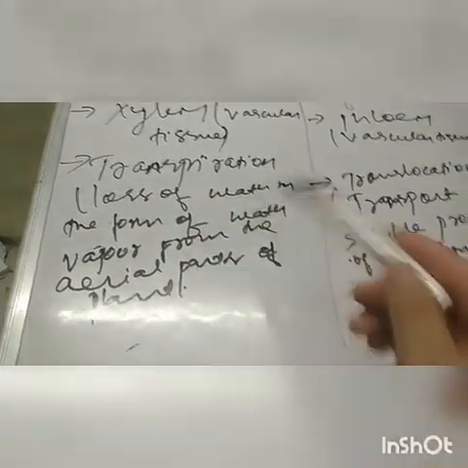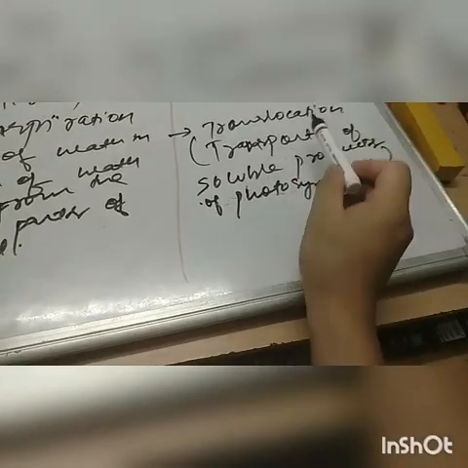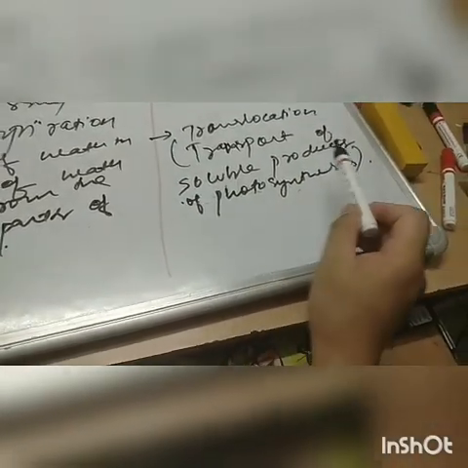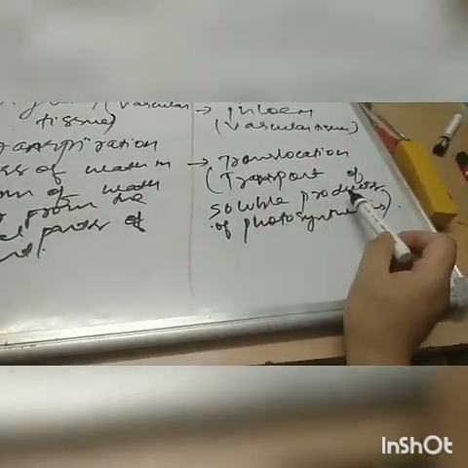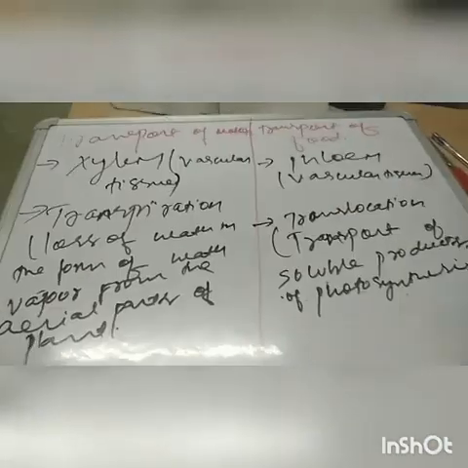Transport of water takes place in xylem, and in the transport of water there is a process called transpiration, which is the loss of water, and so on. Transport of food takes place in phloem. There is a process called translocation, which is the transport of soluble products of photosynthesis, meaning transport of food to every part of the plant. All right. I hope you are clear.